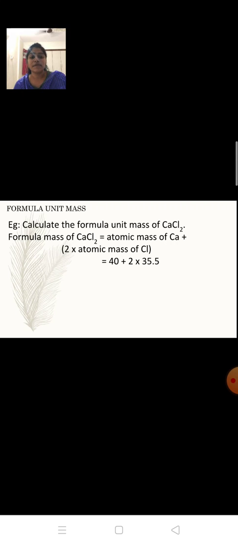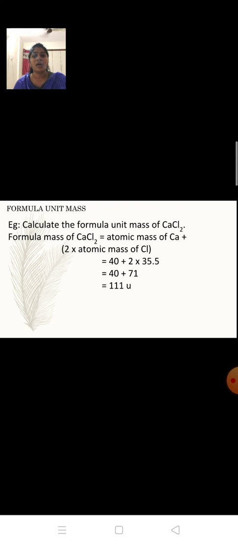Now atomic mass of calcium is 40 and atomic mass of chlorine is 35.5. But we have 2, so 2 into 35.5. When you multiply, you'll get 71. We'll add 71 to the mass of calcium. So the answer will be 111 u, that is unified mass. So this is how we find the formula unit mass.